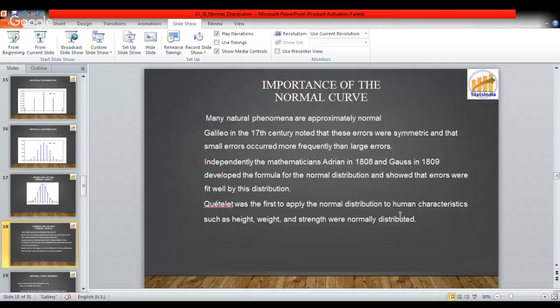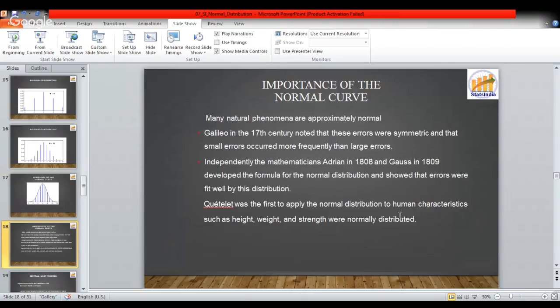So, what is the importance of this normal curve? Because as I told you, many natural phenomena follow approximately a normal distribution. Galileo in the 17th century noted that the errors were symmetric and that small errors occurred more frequently than large errors.